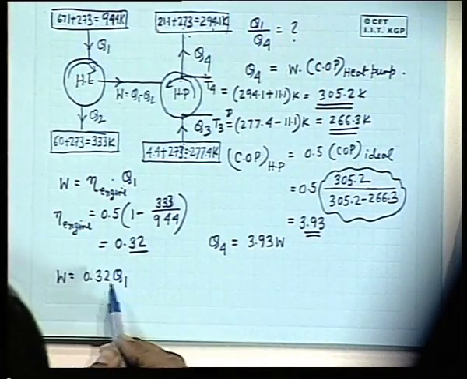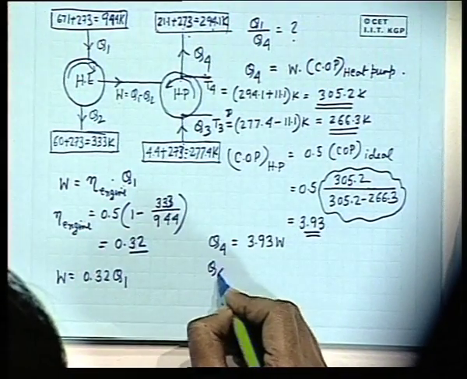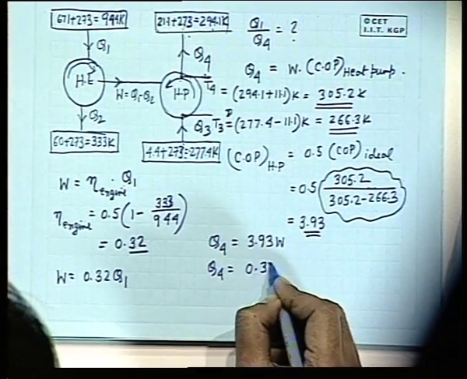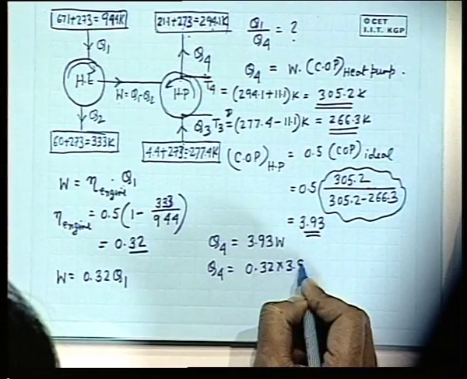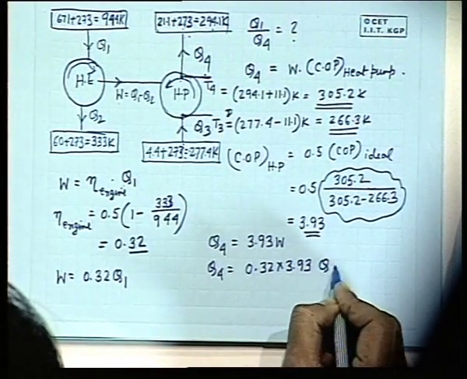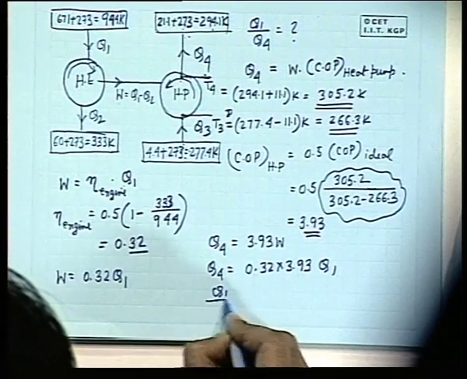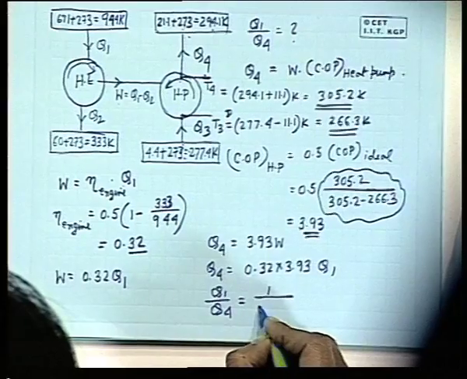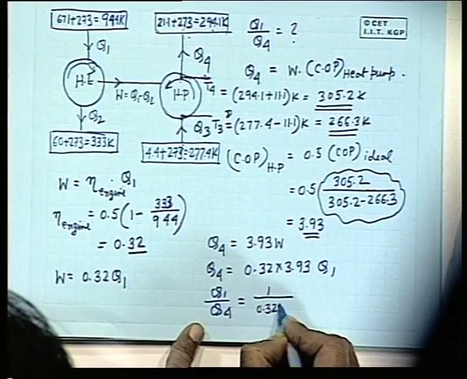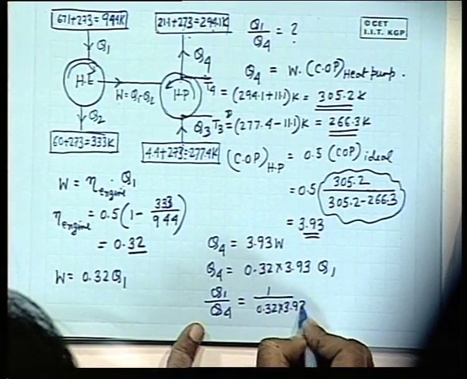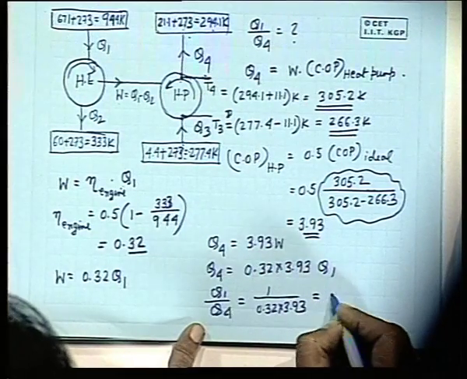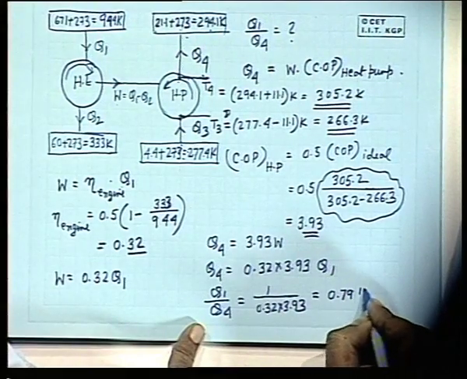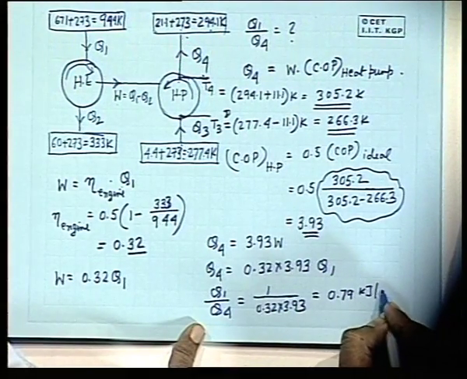Now again W is 0.32 Q1, so Q4 is equal to 0.32 into 3.93 Q1, which gives Q1 by Q4 is 1 by (0.32 into 3.93), equal to 0.79. This is the answer, 0.79 kilojoule per kilojoule.